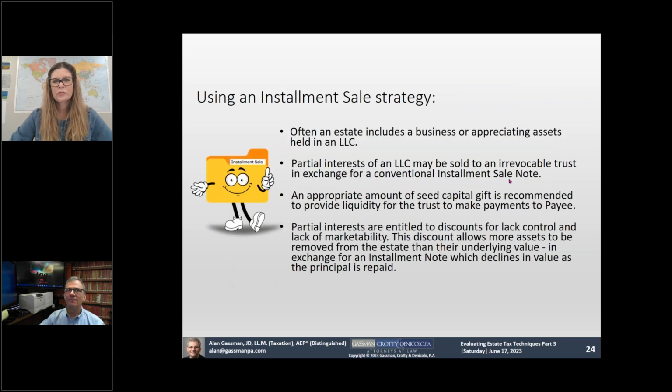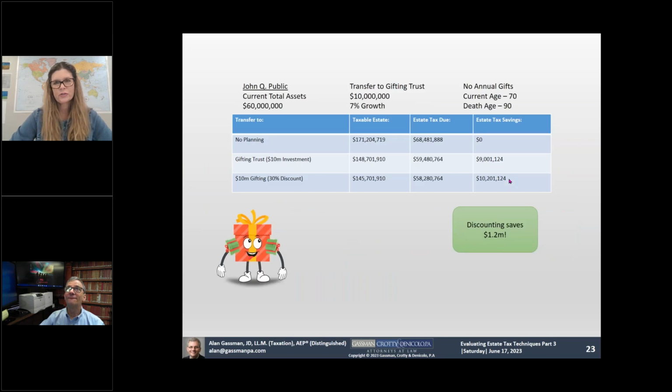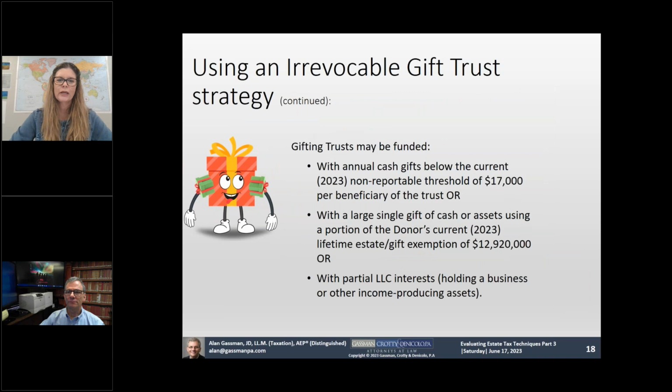All right. Should we mention the Crummey trust provisions that we need to do to make it qualify as a current gift? We should. You can either use your annual exemption as the slide there shows, or you can make a large lump sum, one time, and use your lifetime exemption before that might go down.